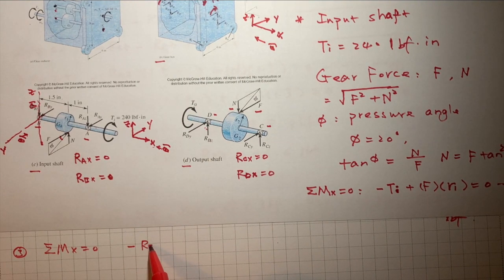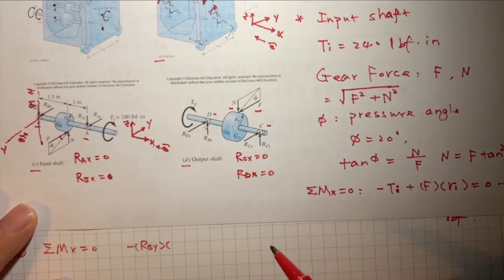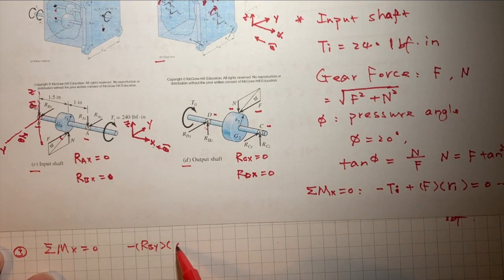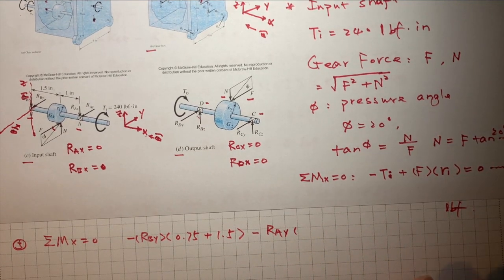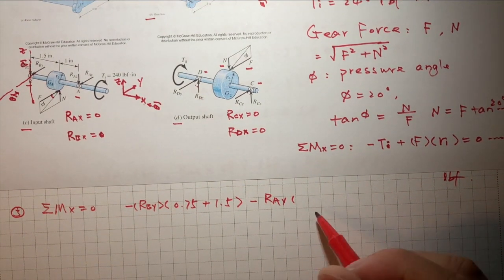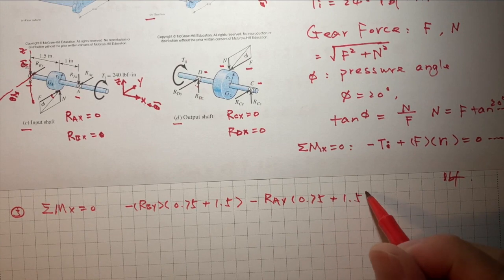So we have RBY times the distance between these 2 shafts, which is 0.75 plus 1.5. Right. The radius of these 2 gears, minus RAY, and the distance is 0.75 plus 1.5.